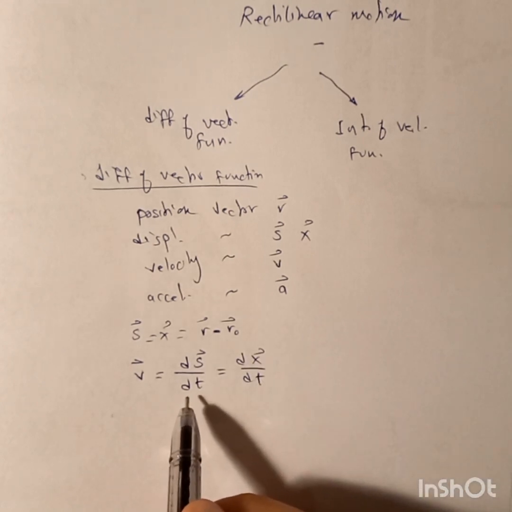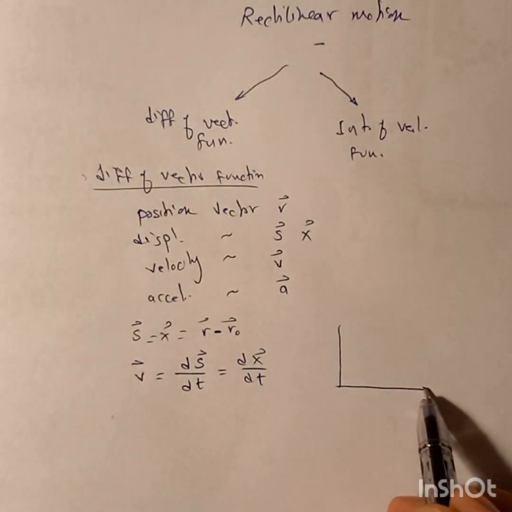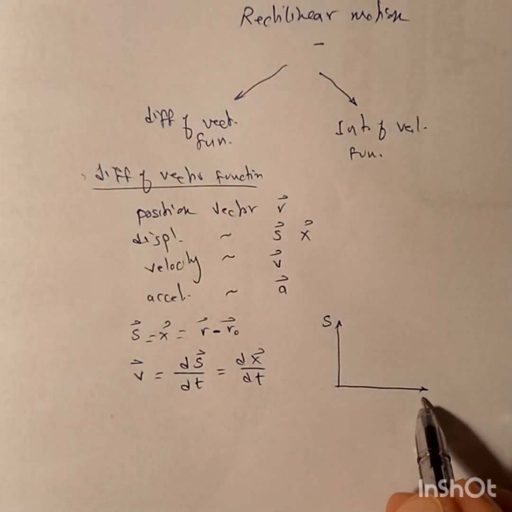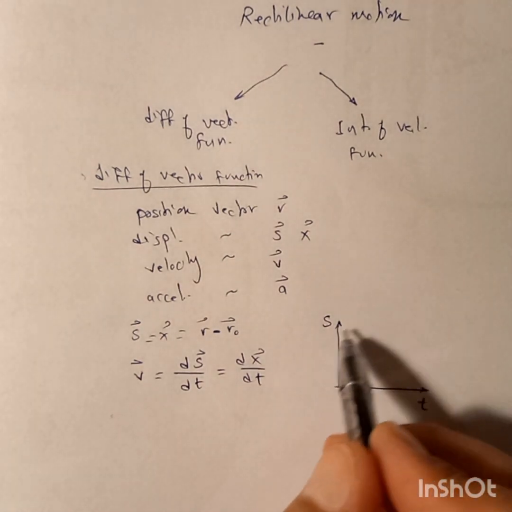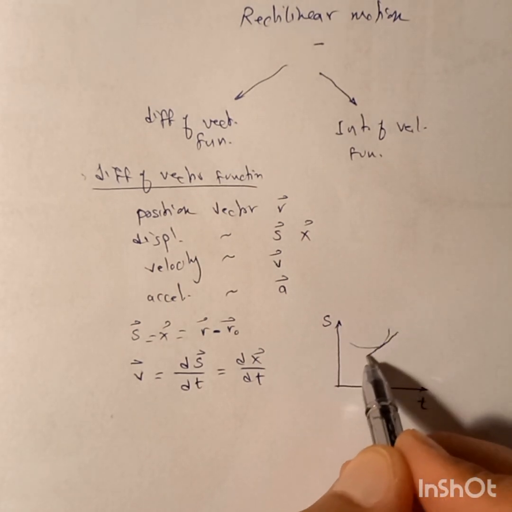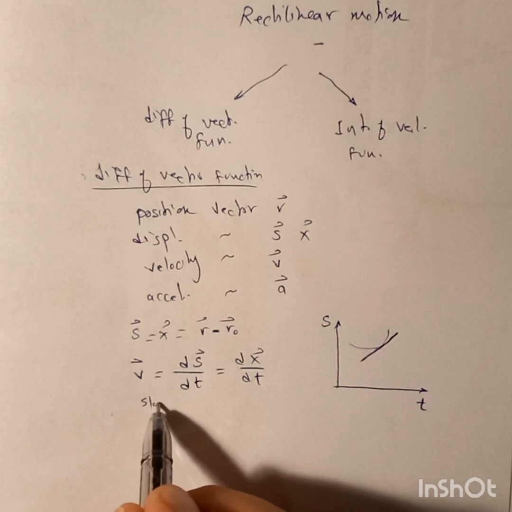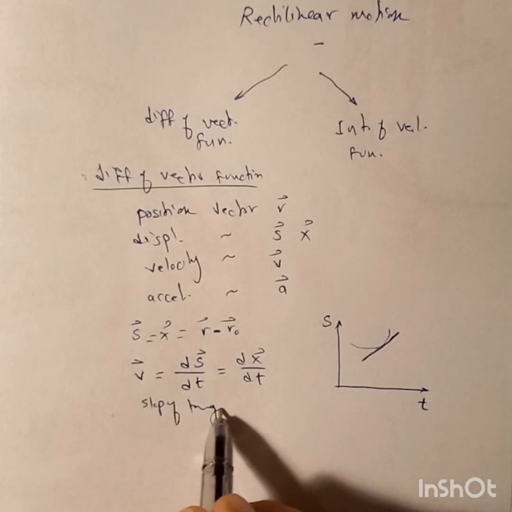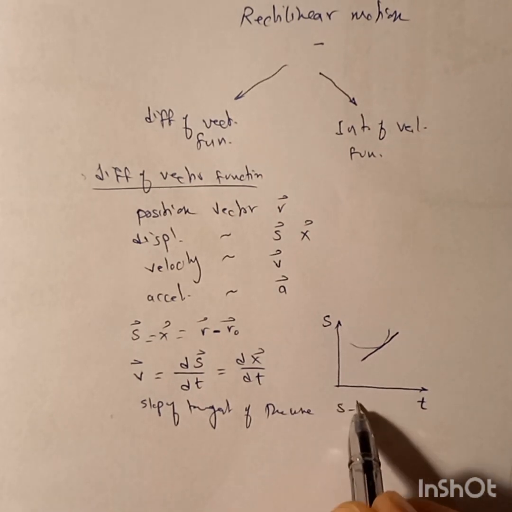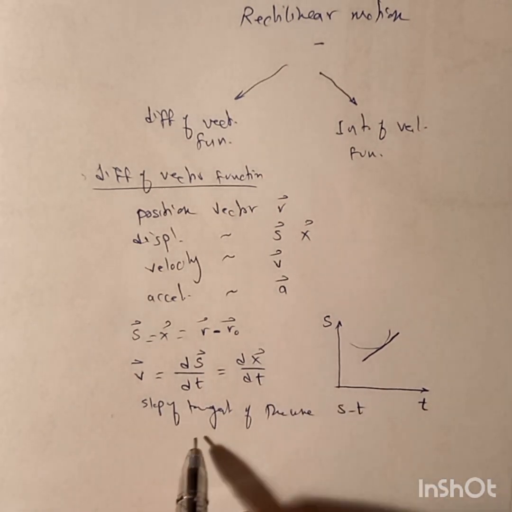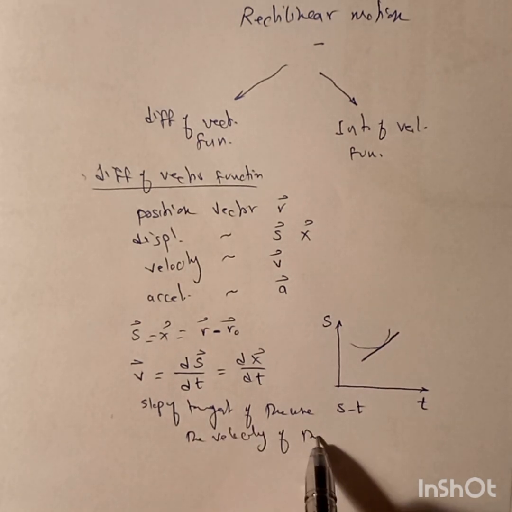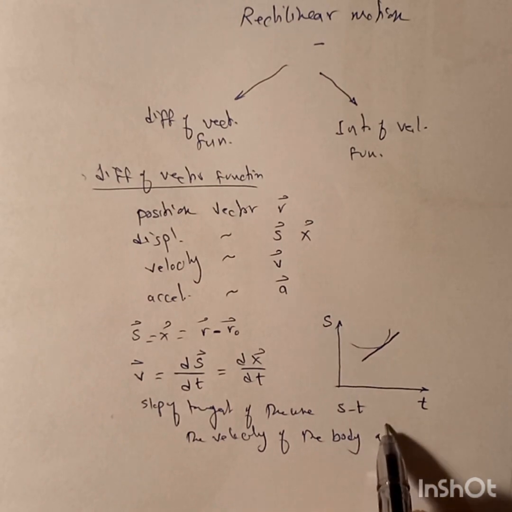We can also express this as follows: if we have this curve relating displacement x with t of the motion of any body, then the slope of the tangent of the curve is representing the velocity of the body motion at any time t.